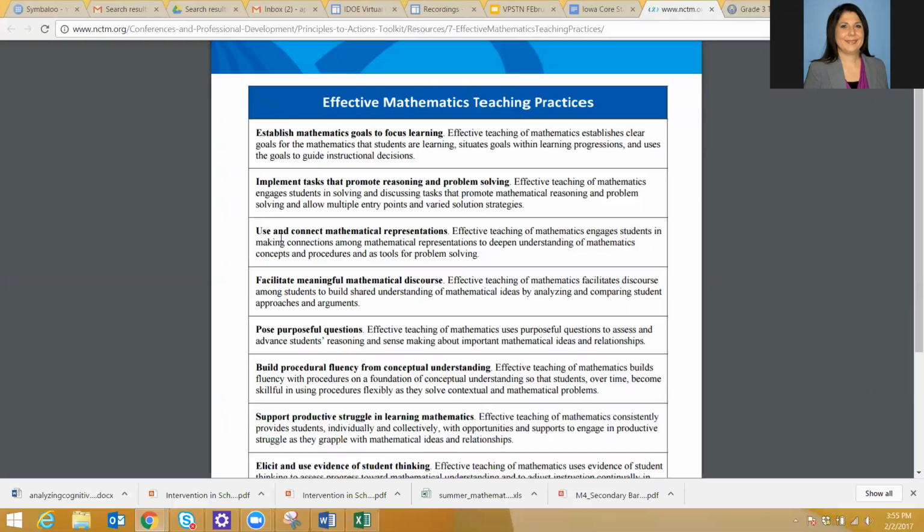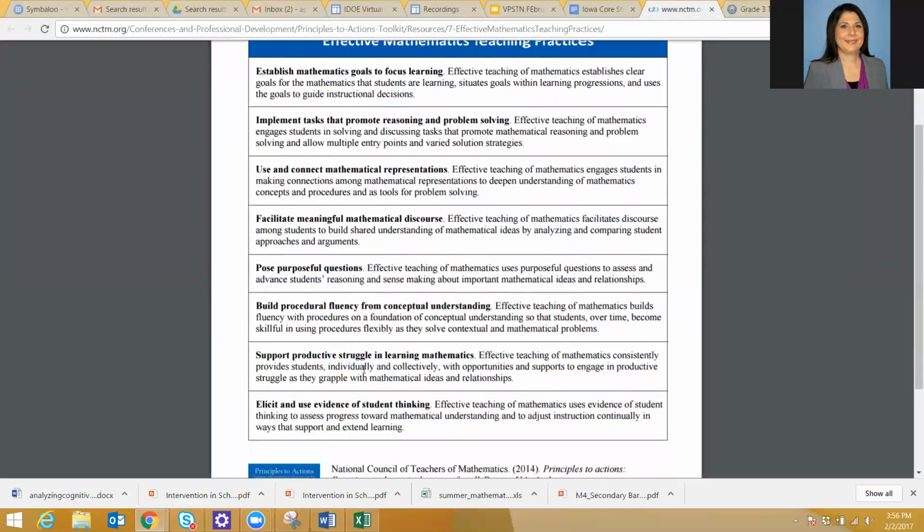We want teachers to use and connect mathematical representations, a lot of different ones. Facilitate meaningful discourse. Pose purposeful questions. Build procedural fluency from conceptual understanding. Support productive struggle in learning mathematics. And elicit and use evidence of students' thinking. So there's where that evidence is.